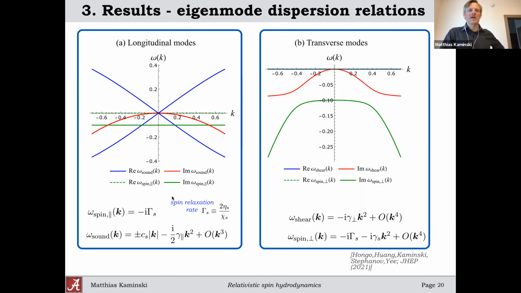I can tell you what I would expect. I would expect that similar things happen just like in the standard hydro description. Is it exactly like Müller-Israel-Stewart in terms of causality? I don't know, because I just haven't tested it. But just based on your arguments, that seems reasonable. Thanks.